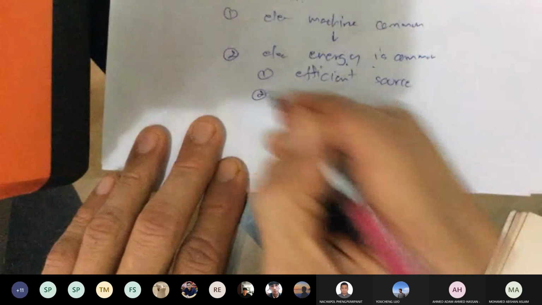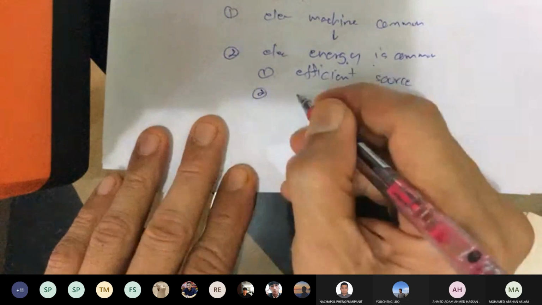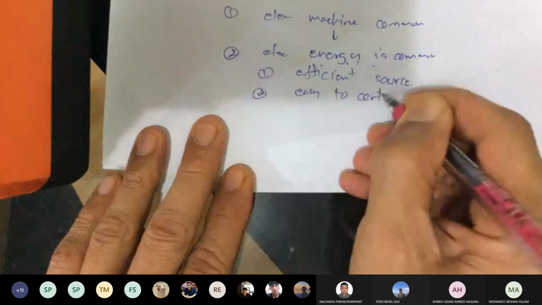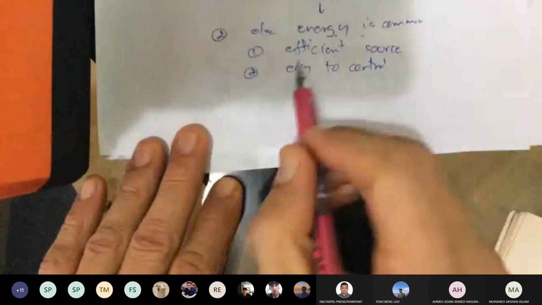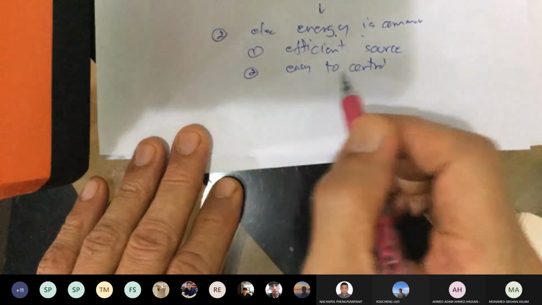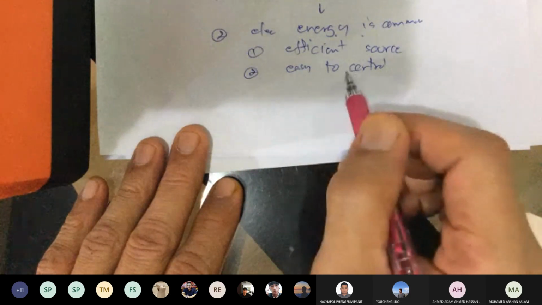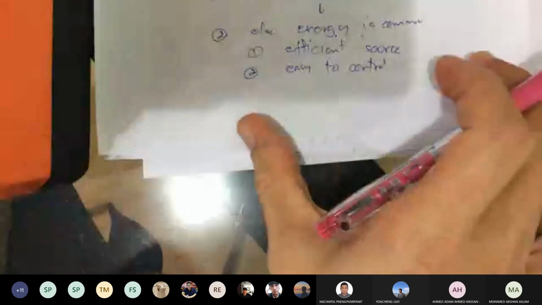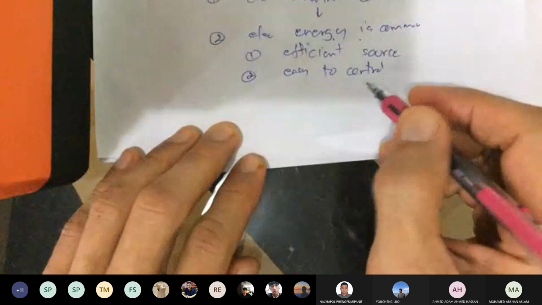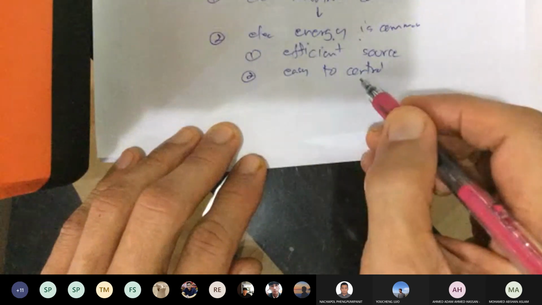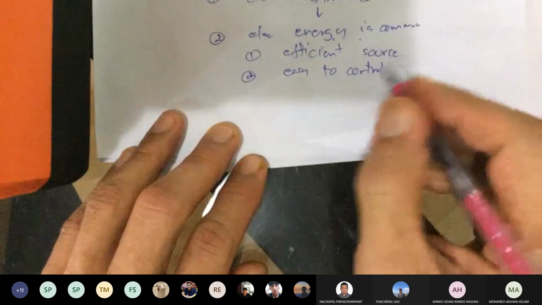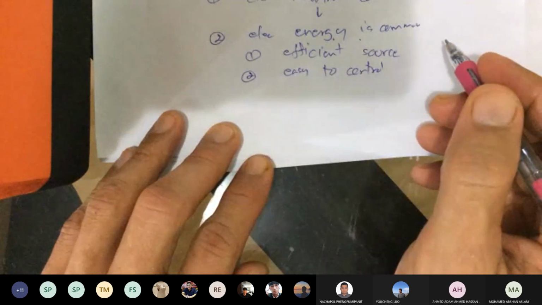Number two, again this is relative, it's easy to control. You have this in your lecture notes. You can control an electrical machine more easily. A good example would be a heater. If you live in a cold country, you want to adjust the temperature. If it's an electric heater, you can just dial a knob to get to certain temperatures, right?